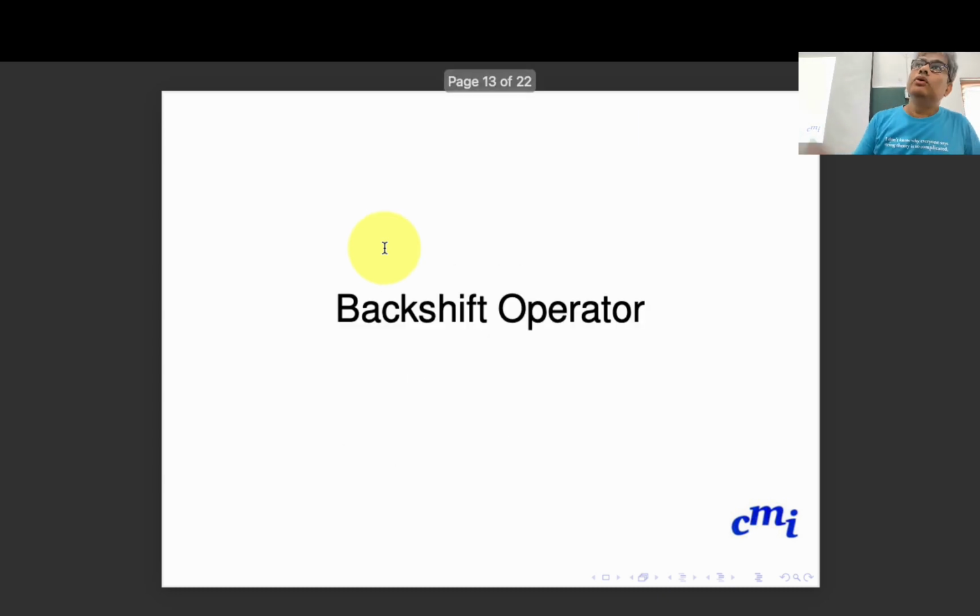So we need to bring the idea of the backshift operator. It is absolutely crucial, and you will realize its beautiful importance only when you see the SARIMA model. Okay, so it's one of the beautiful pieces of math, I would say, that makes our life much simpler.